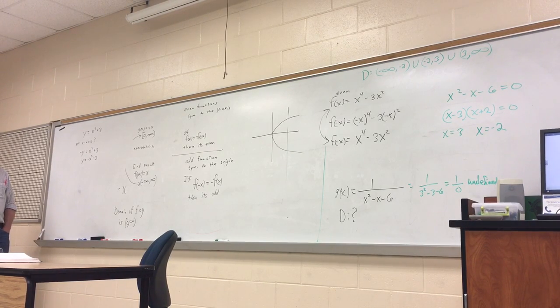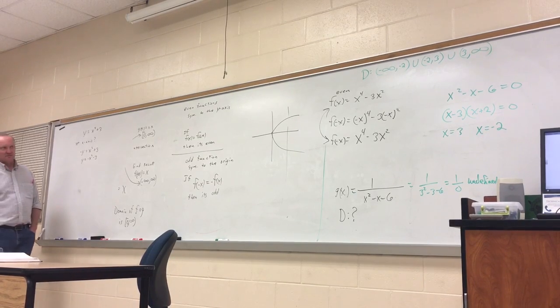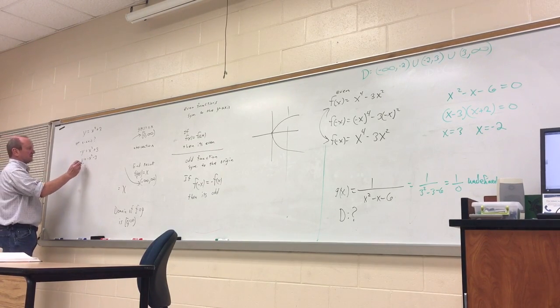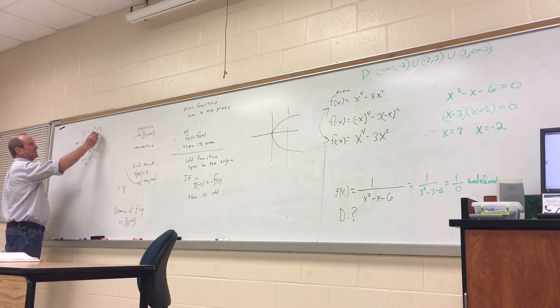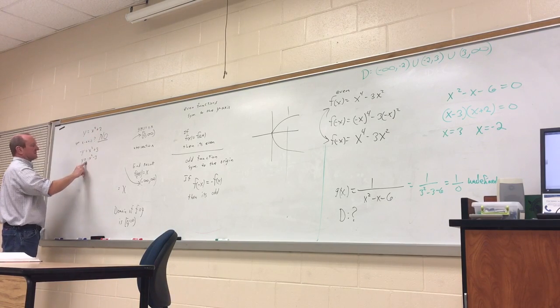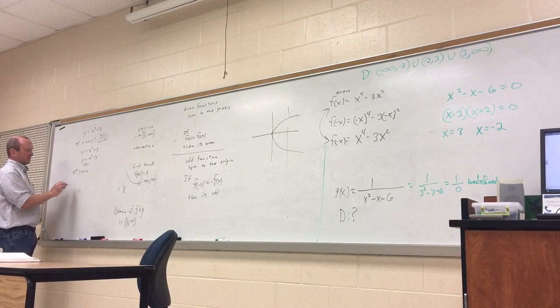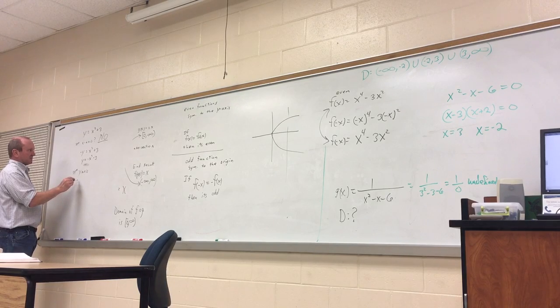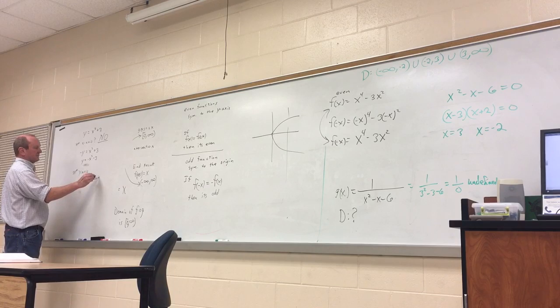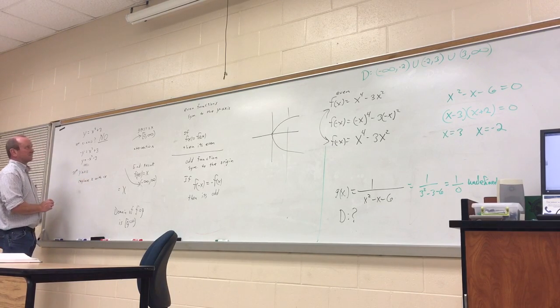Okay? So it's a little different than the other one because of what we replaced. So it's not symmetric to the x-axis, it's symmetric to the y-axis. So to check this one, you replace x with negative x.